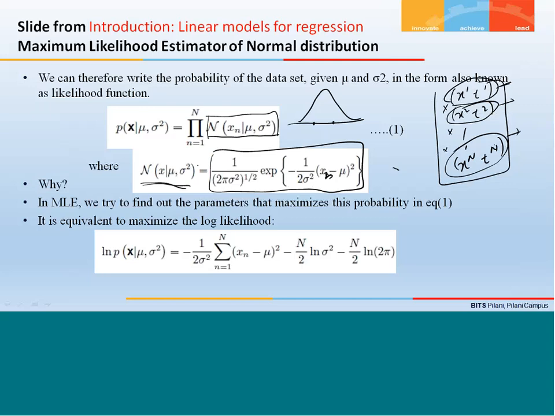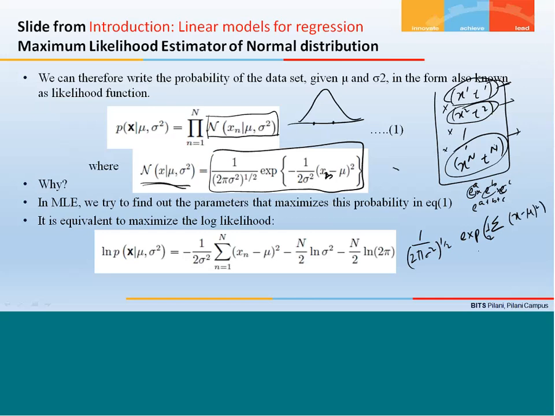When you multiply all these expressions, this constant term gets out, and everything else gets multiplied. So exponential a, exponential b, exponential c are in multiplication, and because the base is the same, the exponents get added. So it will be e to the a plus b plus c. Finally what you get is e to the exponential summation, this constant gets out again, and this is x minus mu whole square.